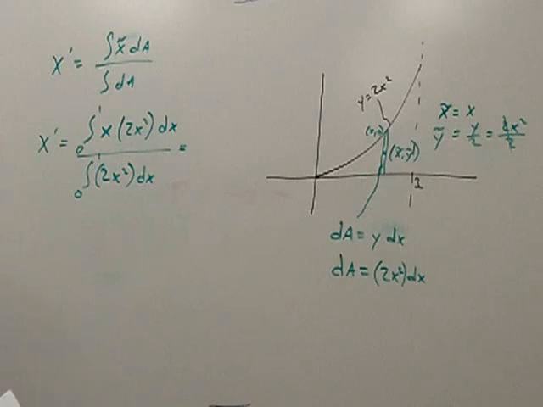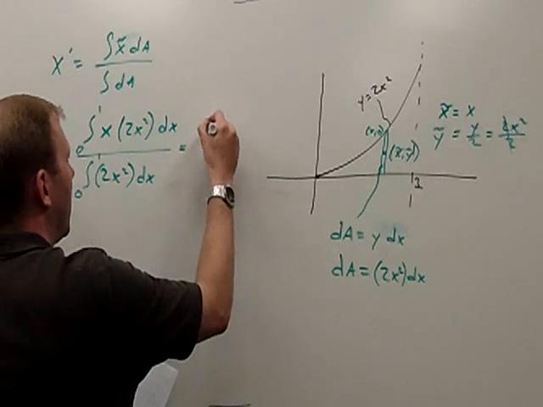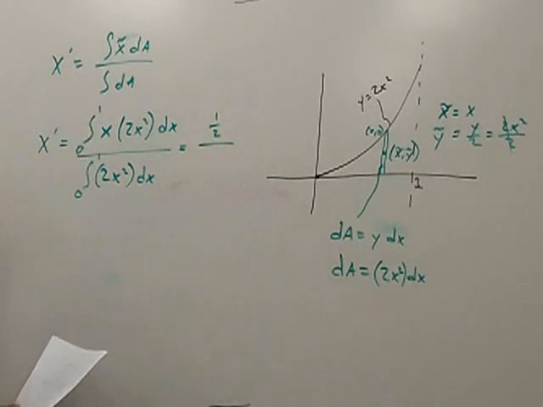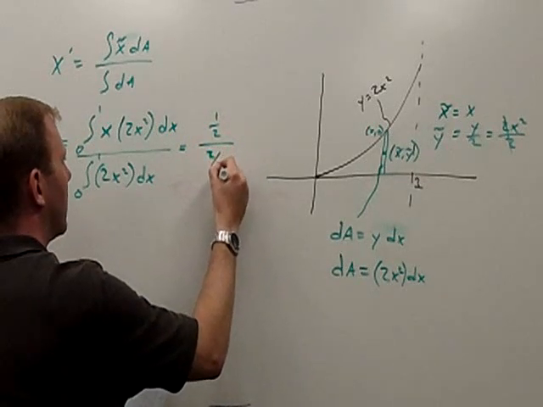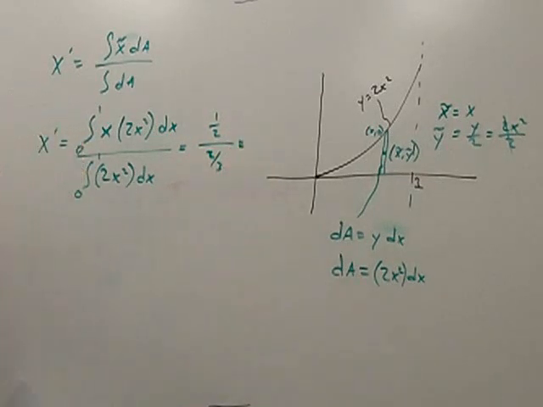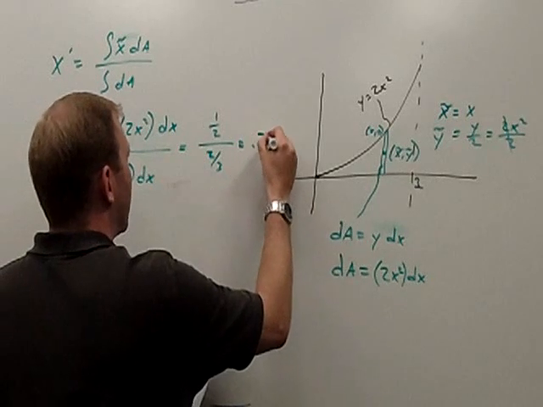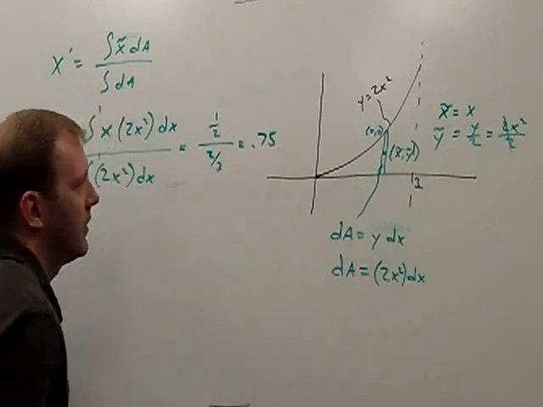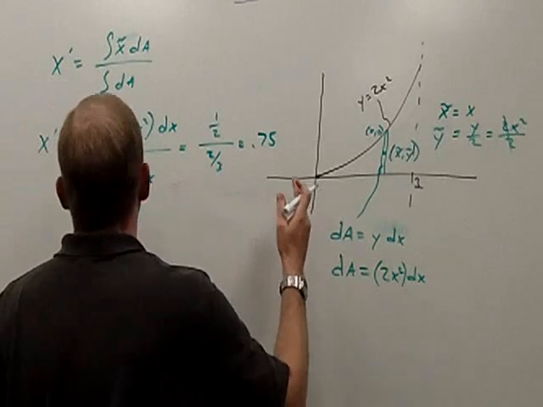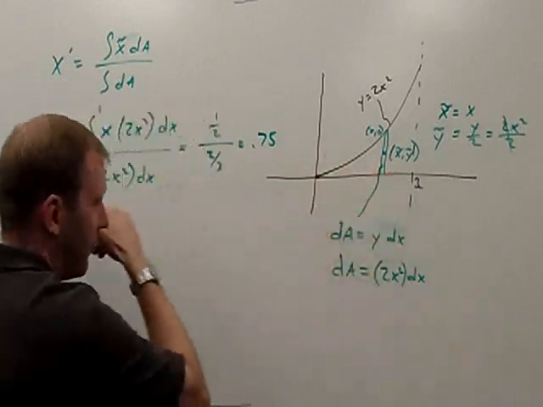Solve this out. The numerator ends up being 1/2. The denominator ends up being 2/3. This evaluates out to 1/2 divided by 2/3 is 0.75. So our x-coordinate of our centroid is at 0.75.